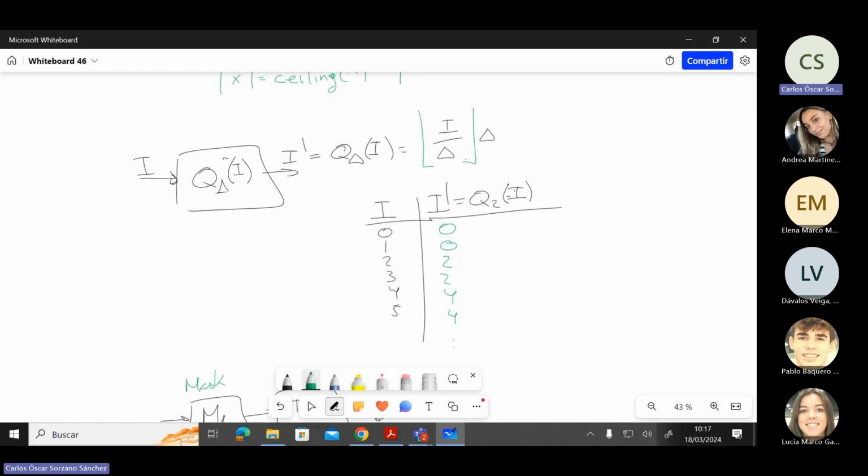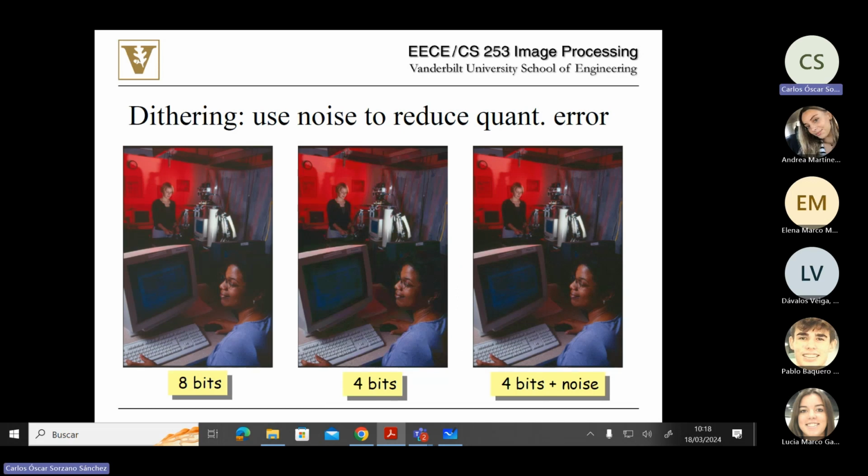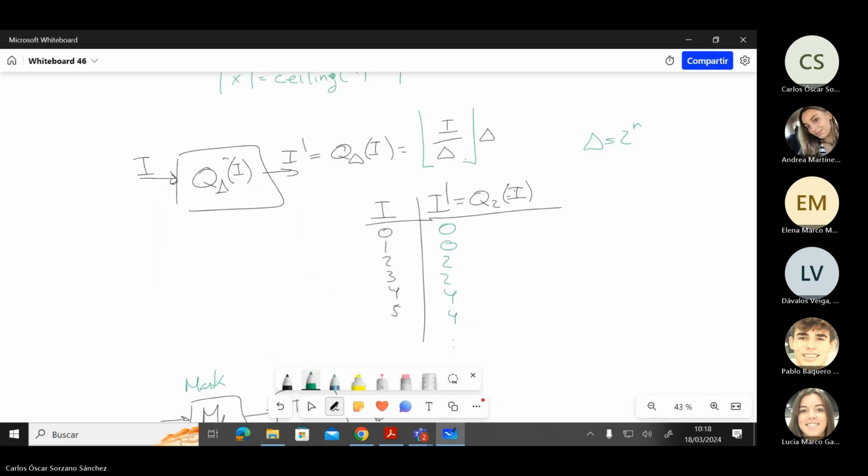And then the delta: if you have n bits, in general, delta is 2 to the 8 minus n. For 4 bits, it is 2 to the 4; for 3 bits, 2 to the 3, sorry. I want to leave only n bits.